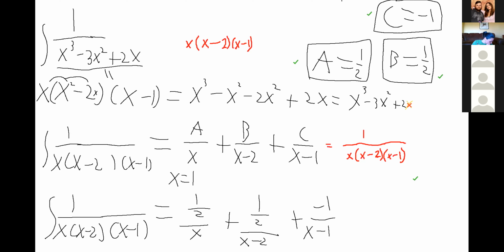So now, what we do, I believe, is take the integrals of those. So, I'm gonna make a little bit more space up here, because now that we just have it written down.